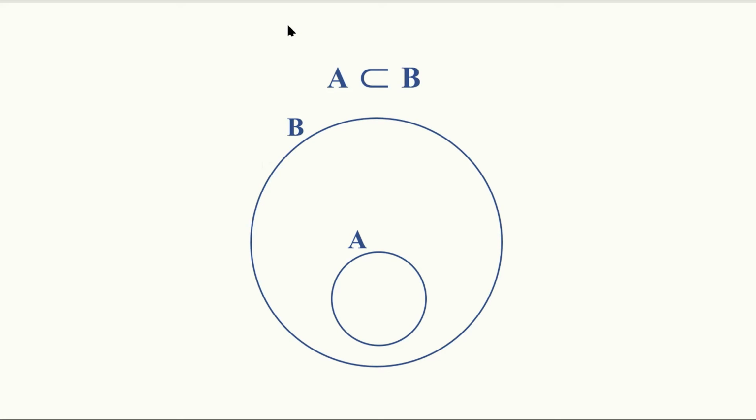As you can see in this image, we have a set A, which is fully contained inside another set B, and the two sets are not equal. So here we can say A is a proper subset of B. And of course, even if the two sets are equal, you can say that A is a subset of B with the equal sign underneath, and a subset relationship still exists.